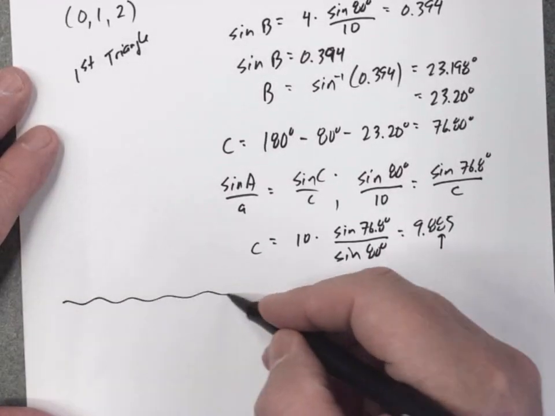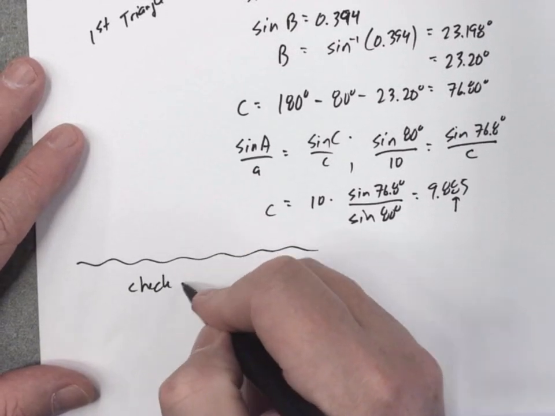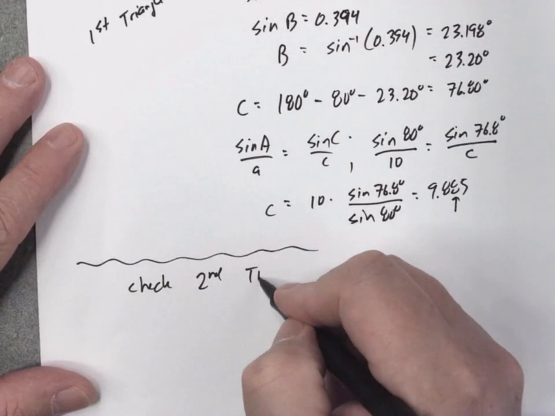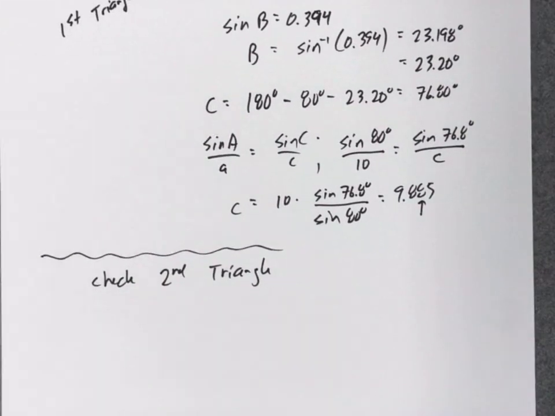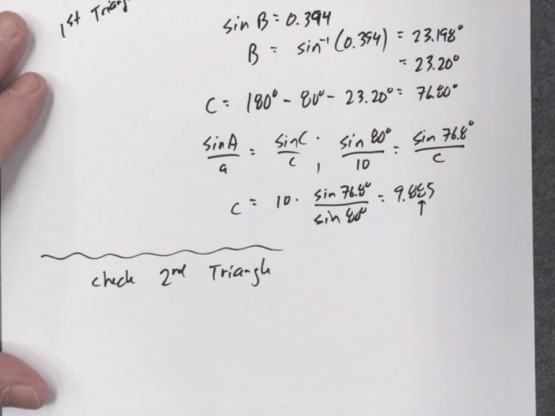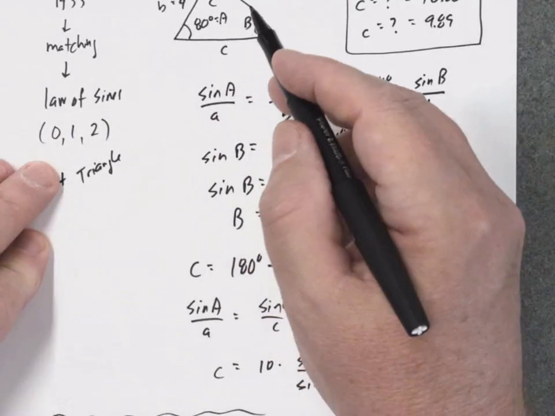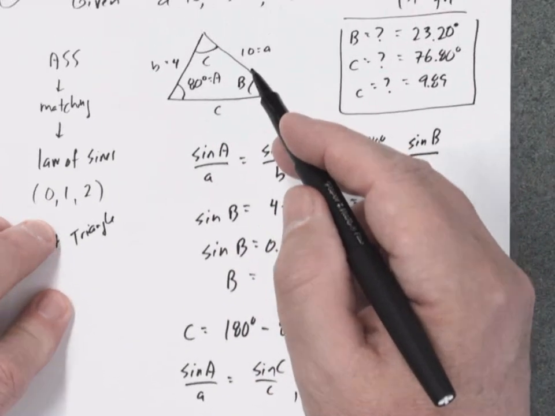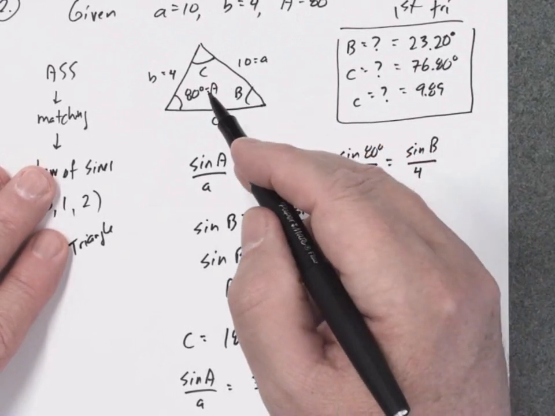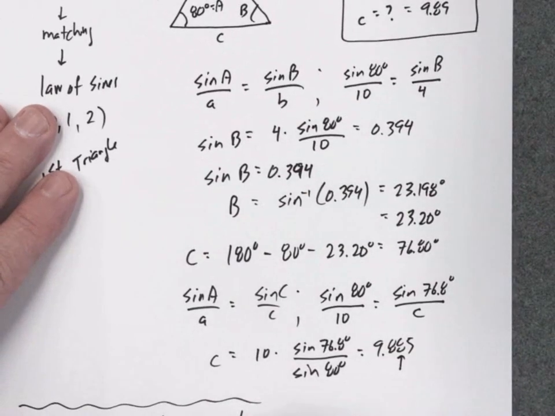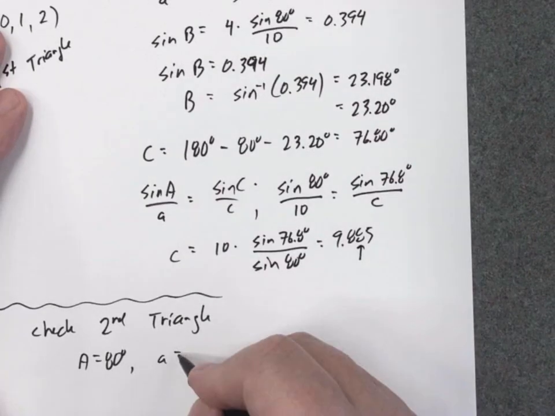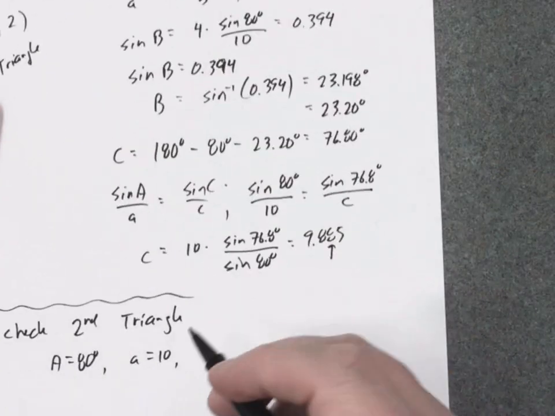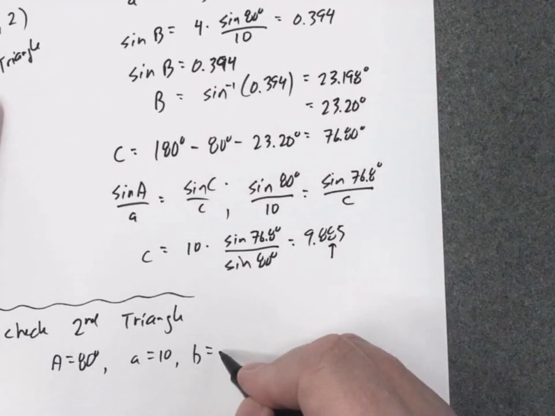So we know we have at least one triangle. Now, we have to see if there's a second triangle. So what I'm going to write, the initial information, is going to be for both triangles. So I'm going to say for my second triangle, A is 80 degrees, side A is 10, and side B is 4.